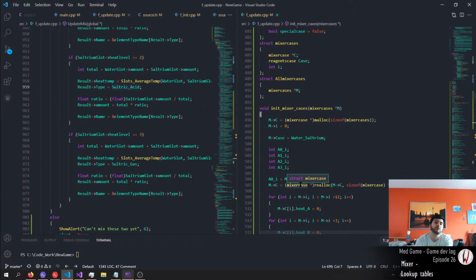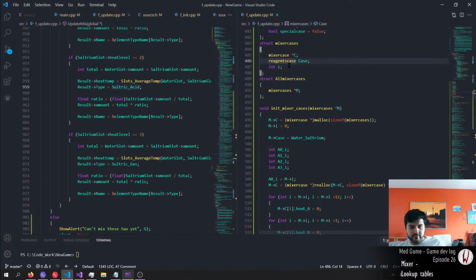So maybe a water Saltrium case. So I just need them to tell me. Alright, let's do it like that. Let's put them all into one array.